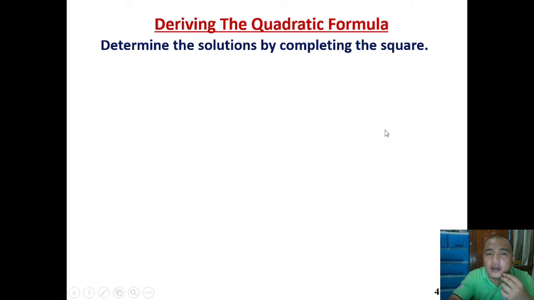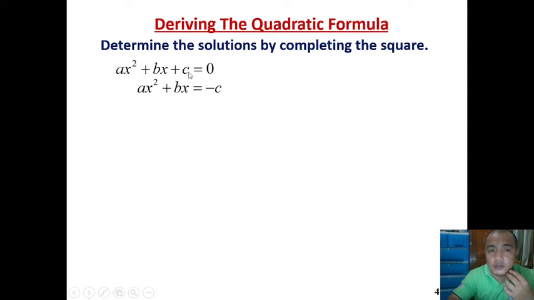Using completing the square, we derive the quadratic formula from the general form of the quadratic equation, ax squared plus bx plus c equals 0. Transpose c, so negative c.